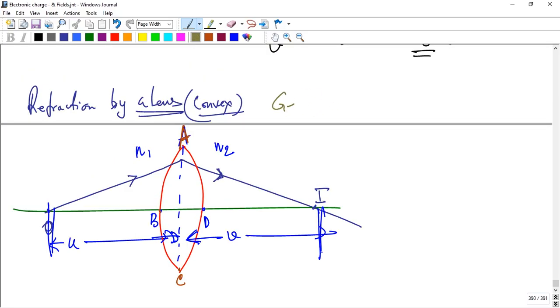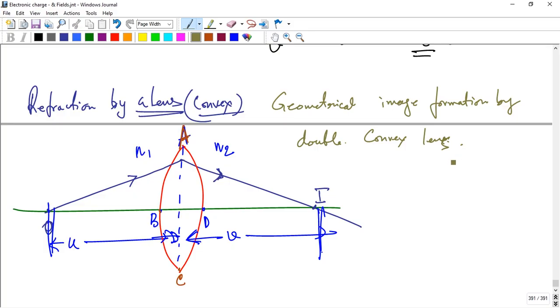Geometrical image formation by a double convex lens. The image formation is in two steps.